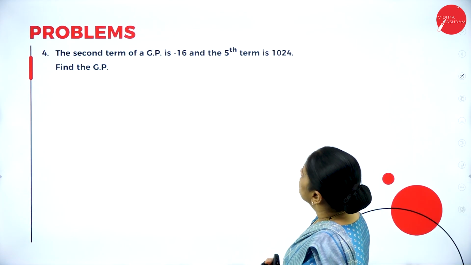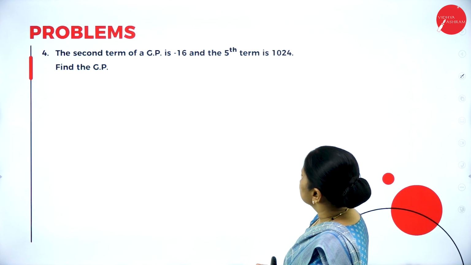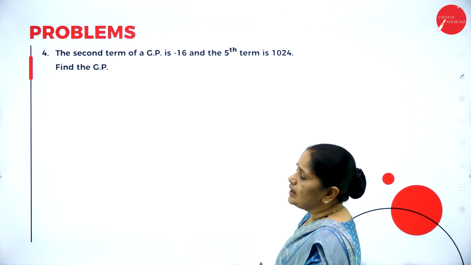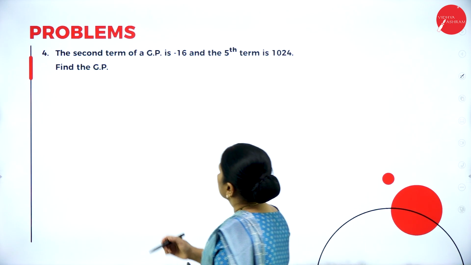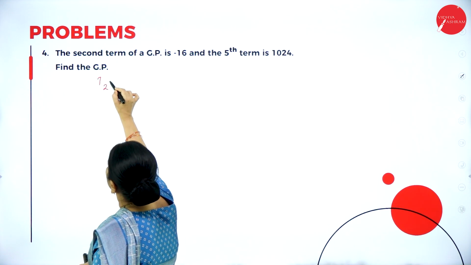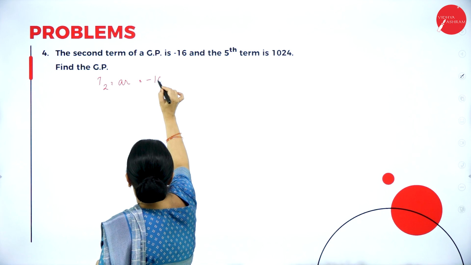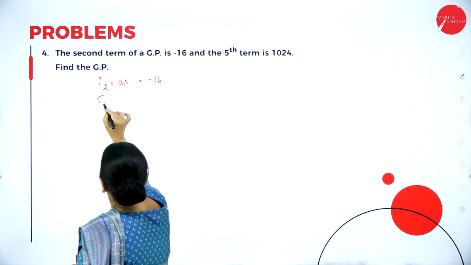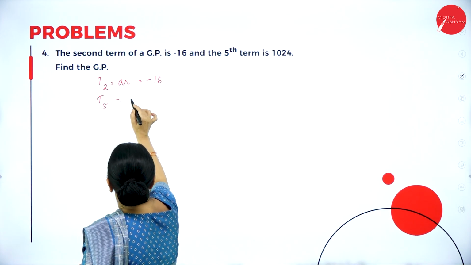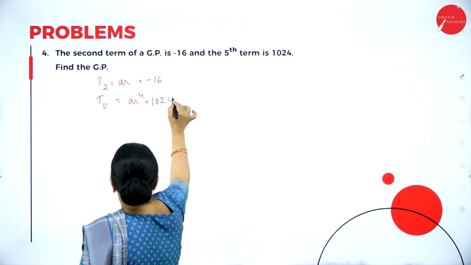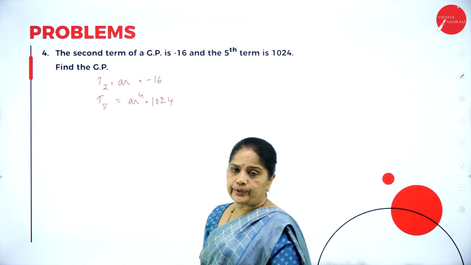Now the second term of the GP is minus 16. The fifth term is 1024. Find the GP. Now T2, that is AR, is equal to minus 16. T5 equals AR to the power 4 equals 1024.